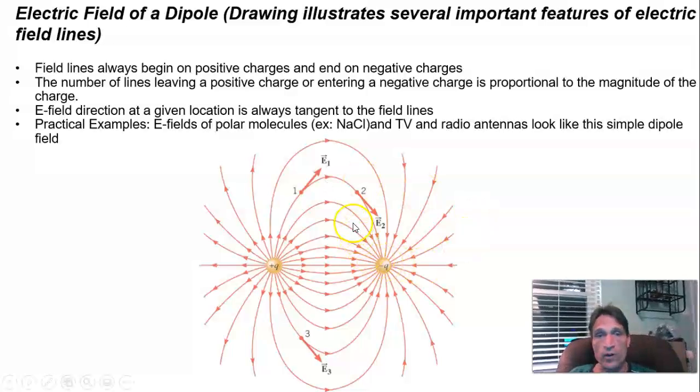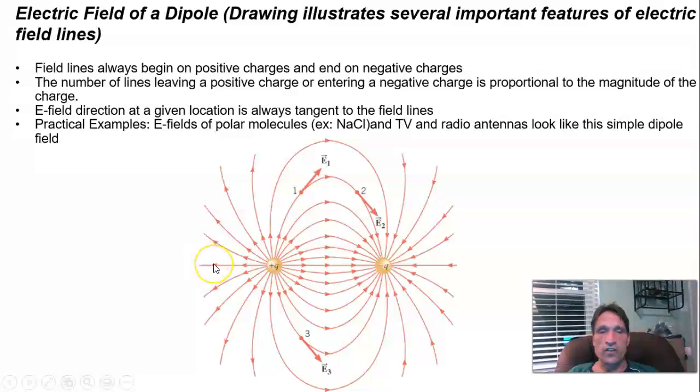Here is where we calculated it halfway between the 2 atoms and along an axis perpendicular. Remember, the electric field points down. Go over here, it points down. If you go over to the positive side here, it points to the left, because it's repelled more by the positive charge than it is attracted by the negative.